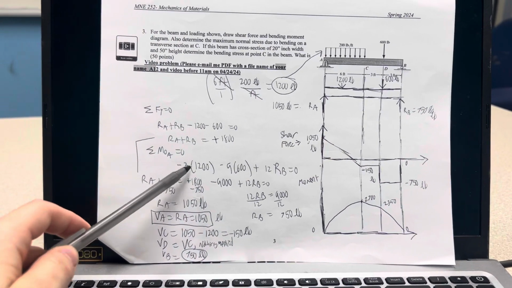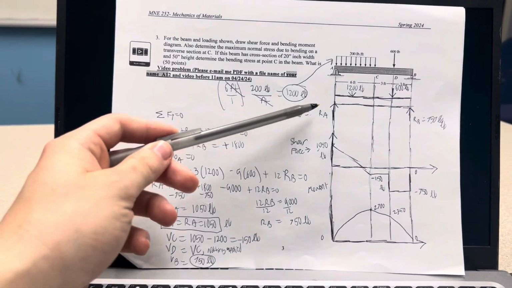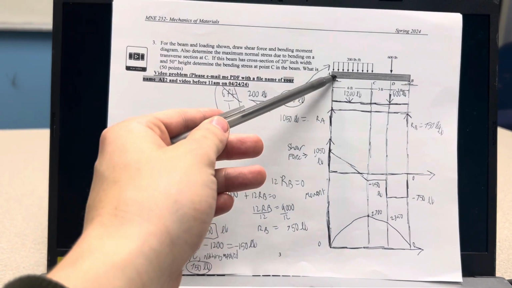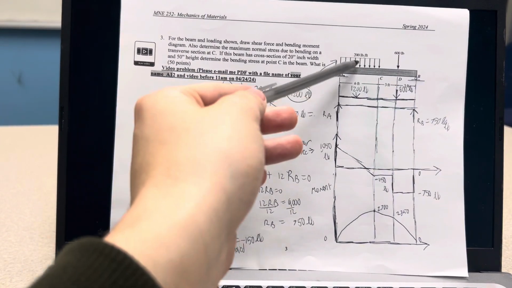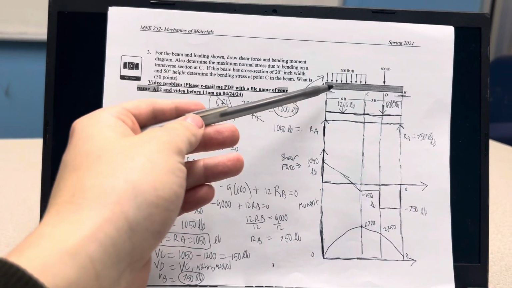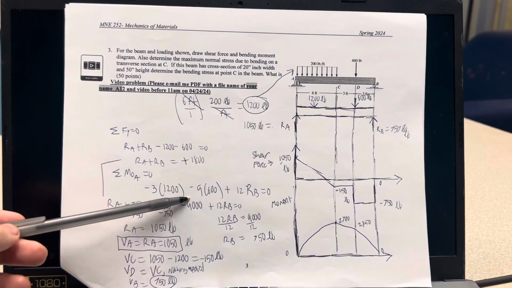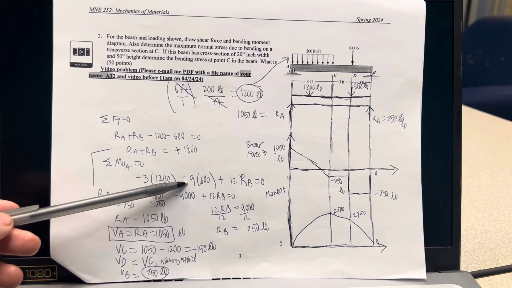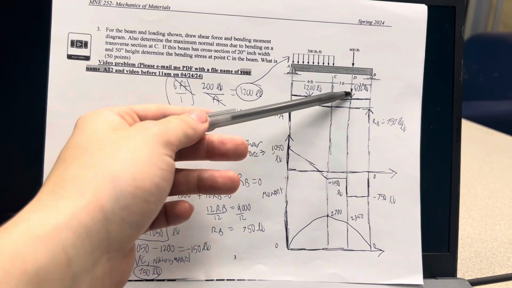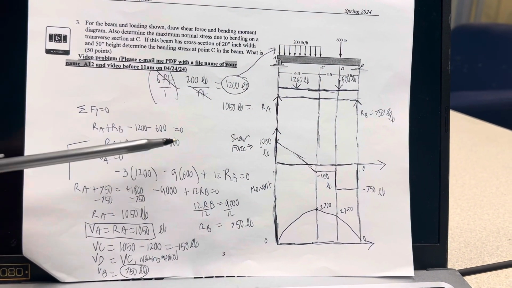So I do that: -3 times 1,200, because 1,200 is 3 feet away, and finding the moment, it's going to be clockwise, which makes it negative. The same goes for -9 times 600, because it's 9 feet away, and the 600 is also going clockwise, which is negative.